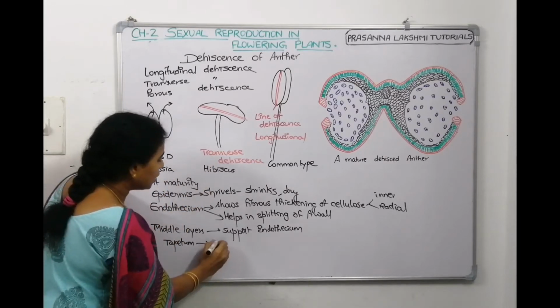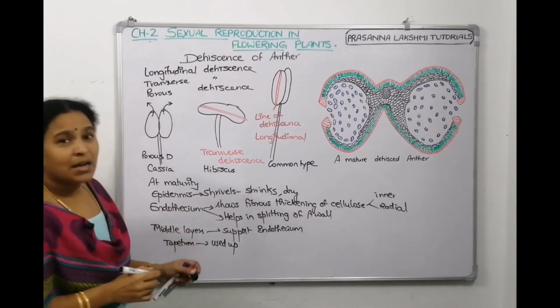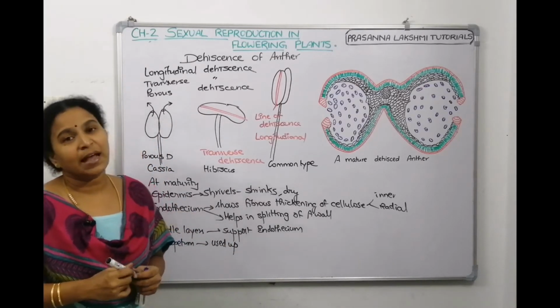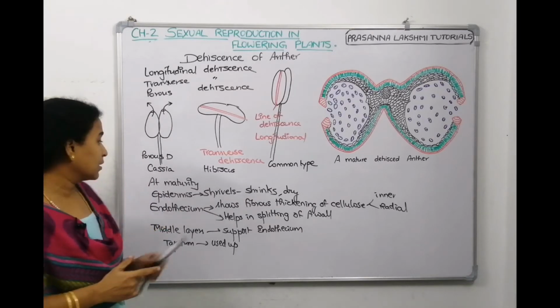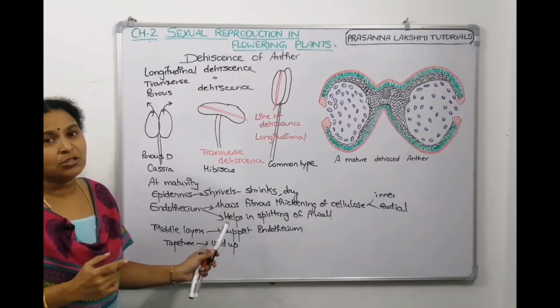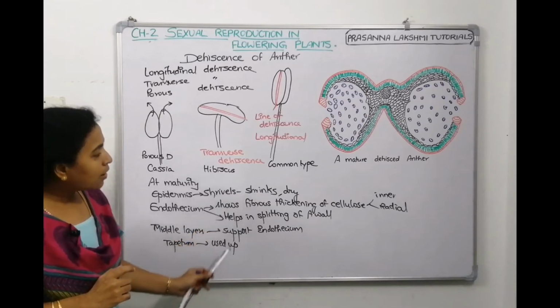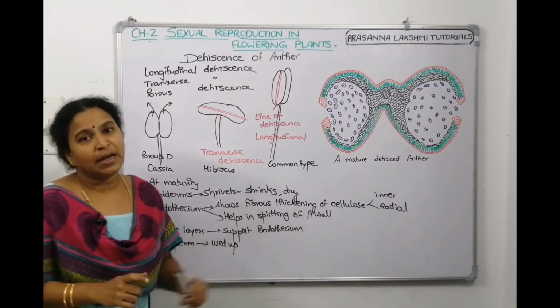It is used up. Now, the epidermis, endothecium and middle layers help in dehiscence of the anther wall. The epidermis is shriveling and shrinking, the endothecium has fibrous depositions and becomes thick, and the middle layers support this. All this helps in splitting of the anther wall.